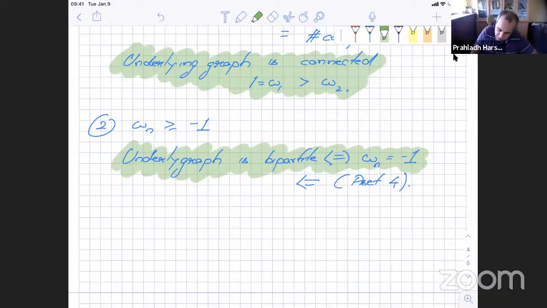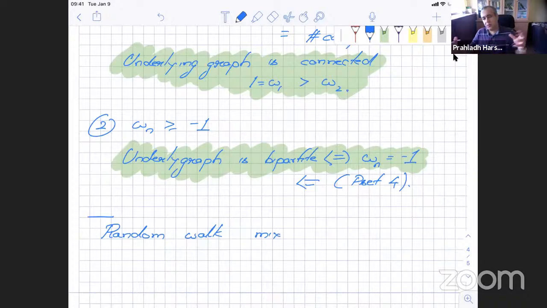So what we'll do in the rest of today's lecture will be trying to understand how well the random walk mixes. Of course, if you start with the stationary distribution and take steps, you will continue to be in the stationary distribution.